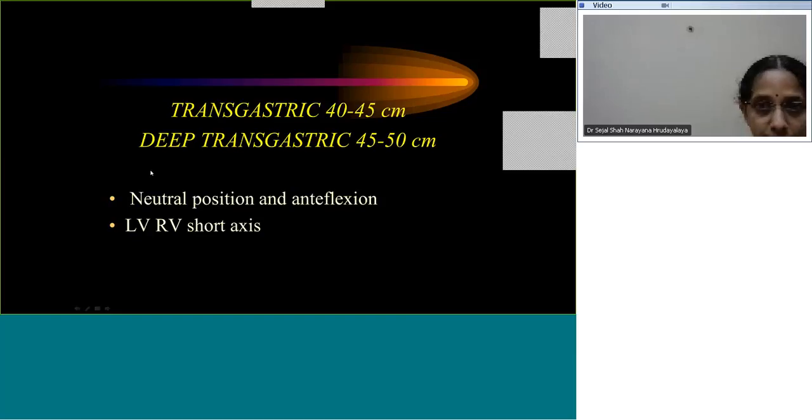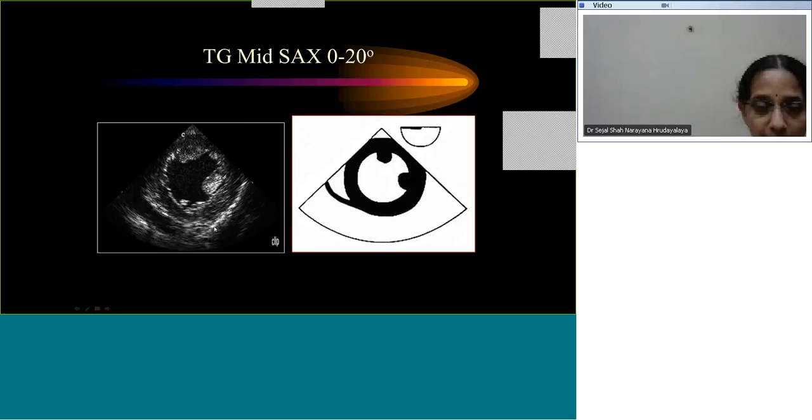The transgastric view, we put it at 0 degrees. Now remember, every manipulation has to be done with the probe preferably at 0 degrees, and that means it's a neutral position. A little anti-flexion gets close proximity with the heart. What we see in the transgastric view is a cross section of the left ventricle and the right ventricle.